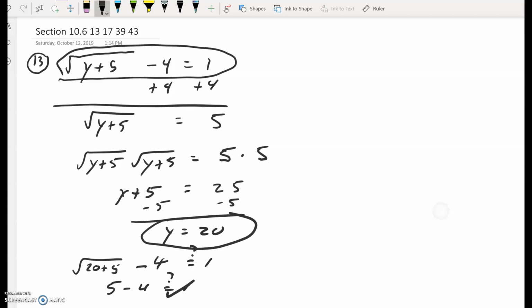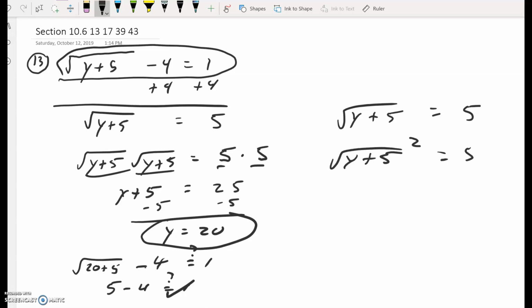Notice at this point, if you're going to a tutor, for instance, you'll likely be told something like this. Well, yeah, you could do this, but nobody ever does that. In fact, what they do is they square both sides, because you can square both sides. And it's true, you can square both sides, and what you'll get is exactly this.